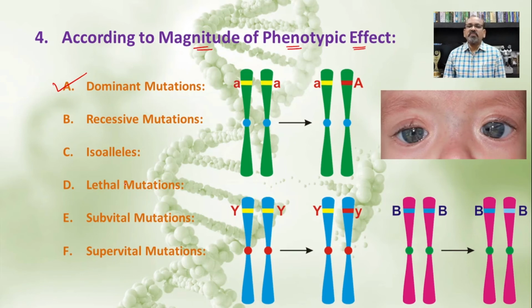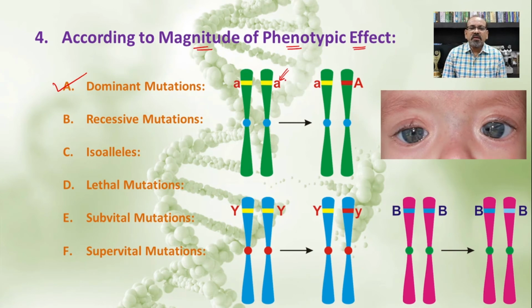Say for example, if there is a mutation in a particular gene, and after the mutation it becomes dominant, that is, it expresses itself in the F1 generation, then it is known as the dominant mutation.